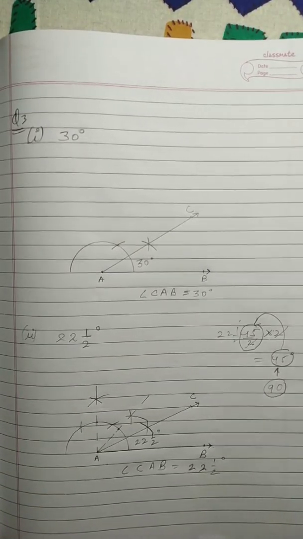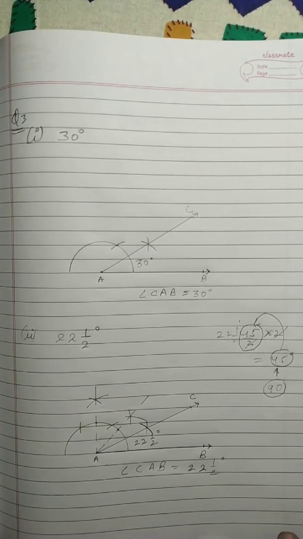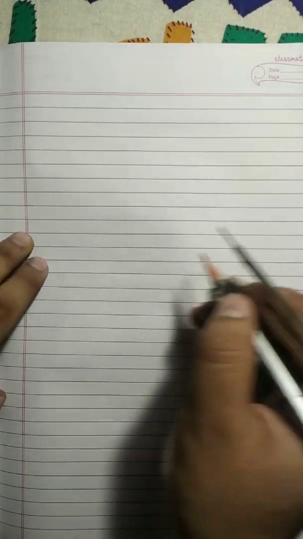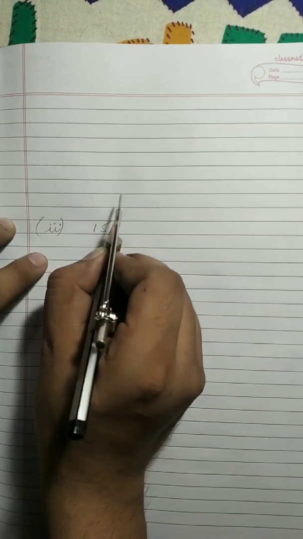Now let us make one more angle for today, which is 15 degree. Now 15 is half of 30 and 30 is half of 60.